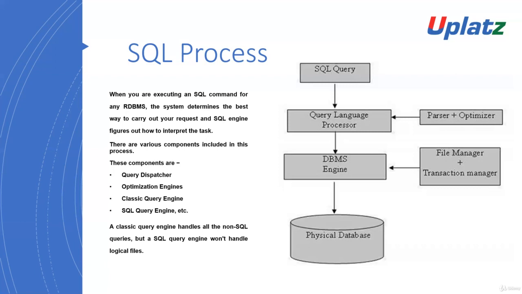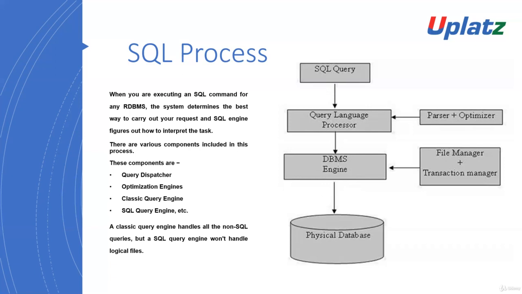So what happens is, once you have given your SQL query, it goes to the query language processor, where it will parse and optimize the command that you have given to the database. Now that optimized and parsed query will come to the database engine. Here, this DBMS engine understands exactly what information is required by the user.